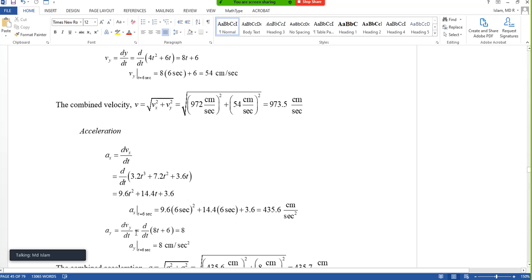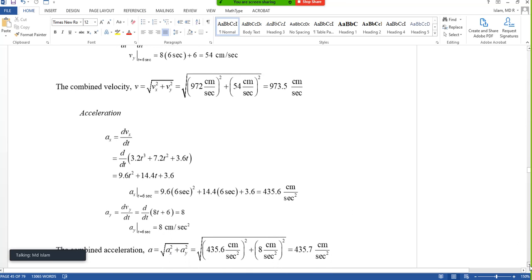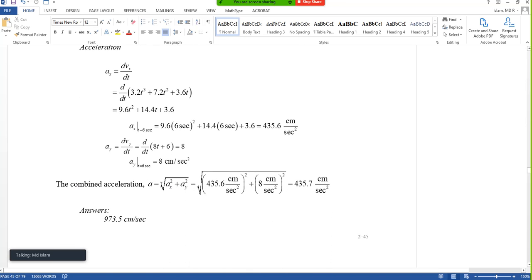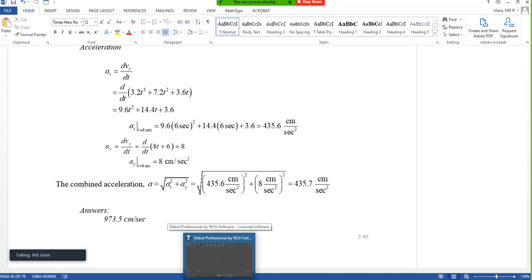Similarly for ay, I did one more differentiation, inserted t equal to 6 seconds, and I got 8. Okay. Then I combine these two. So what you can see here is that there is no new knowledge, just the same knowledge, it's the application.